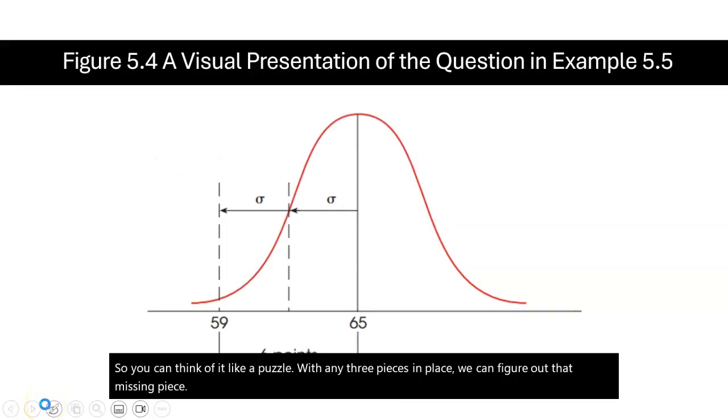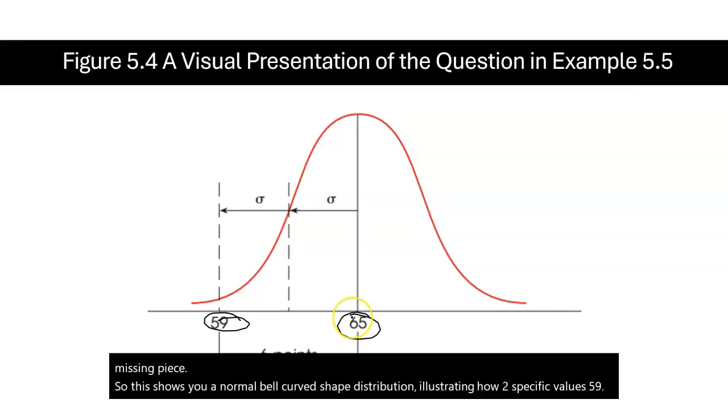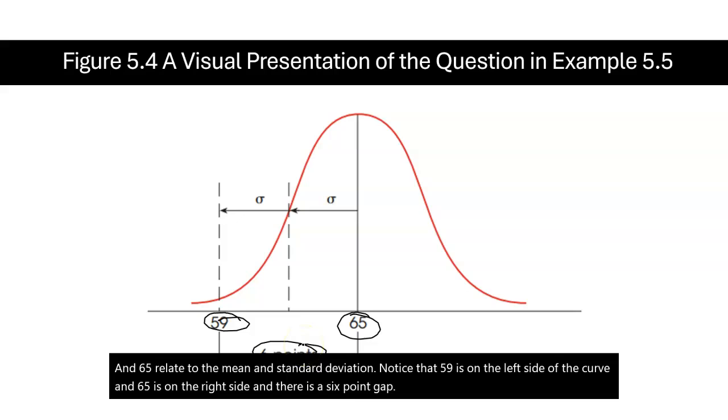So this shows you a normal bell-shaped distribution, illustrating how 2 specific values, 59 and 65, relate to the mean and standard deviation. Notice that 59 is on the left side of the curve and 65 is on the right side, and there is a 6-point gap in between.